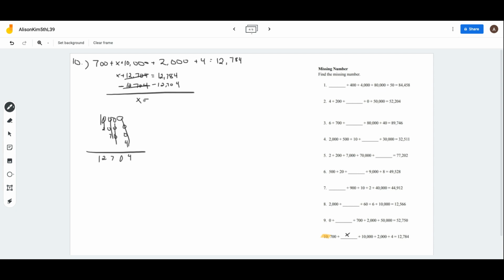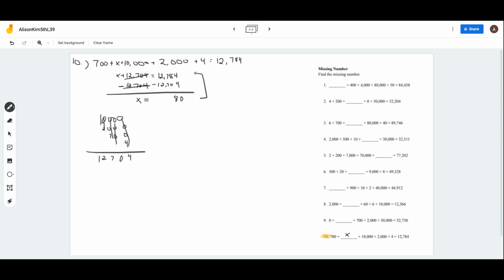Now, on the right side, we're going to have to subtract 12,704 from 12,784. 4 minus 4 gives us 0. 8 minus 0 equals 8. 7 minus 7 equals 0. 2 minus 2 equals 0. And 1 minus 1 equals 0.